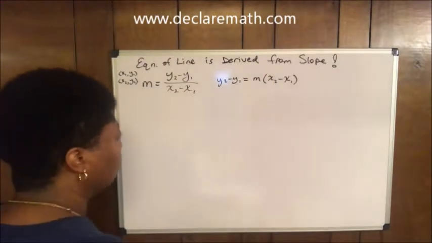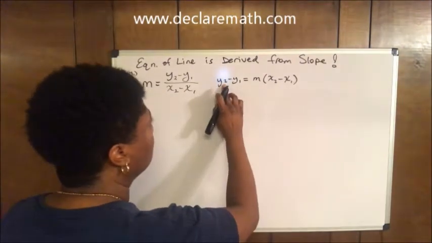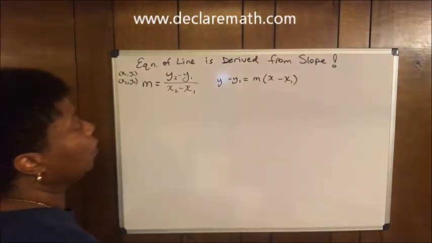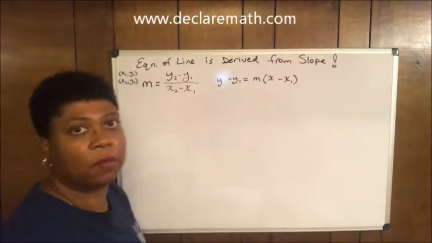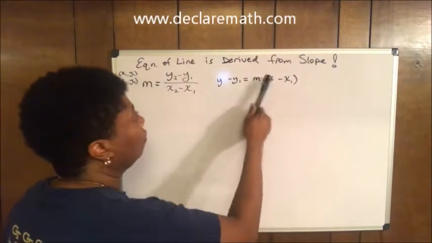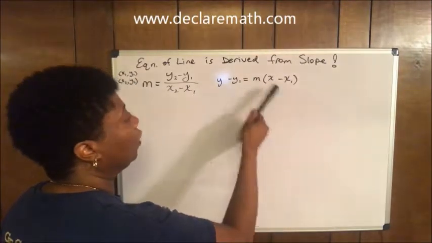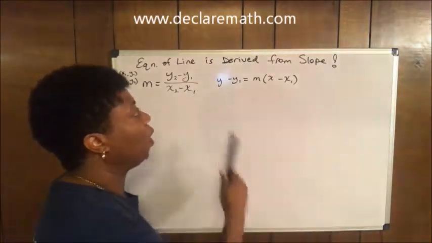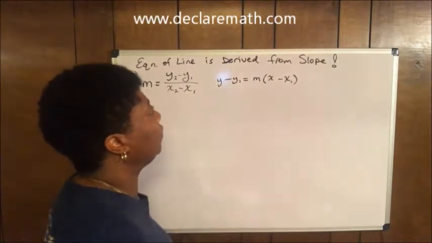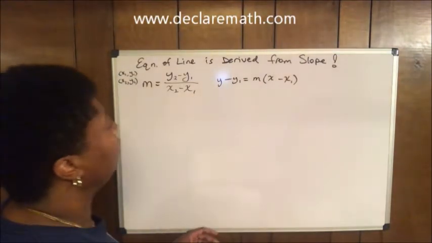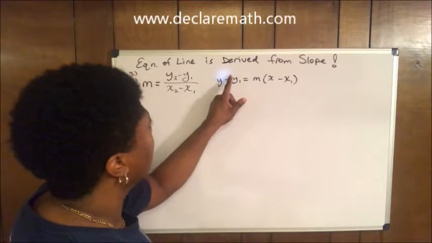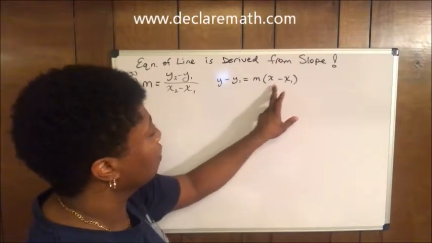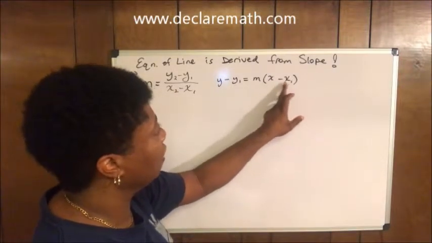Okay, and this here can represent any point. We already have a point on there. We call it point 1. We said earlier we could have point 2, point 3, point 4, and so we represent that by just x and y. So we have the equation y minus, I made that ugly, right? y minus y1 equals the slope times quantity x minus x1.